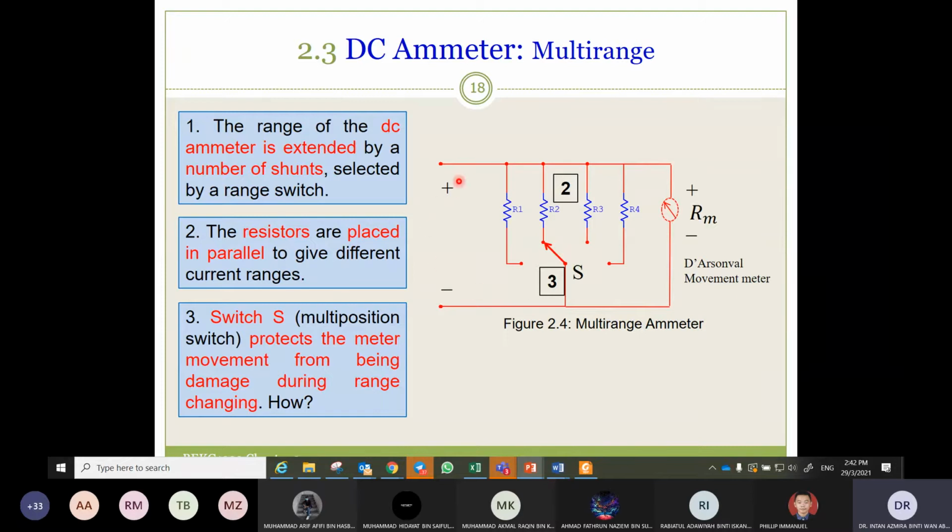This construction is to design a 4 range ammeter, because we have 4 shunt resistors here, meaning that we want to design an ammeter that has 4 ranges of current. The range of the DC ammeter is extended by a number of shunts selected by a range switch. The resistors are placed in parallel to give different current ranges. Switch S protects the meter movement from being damaged during range changing.